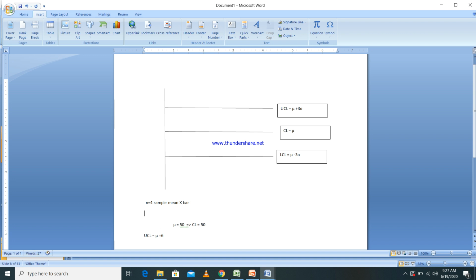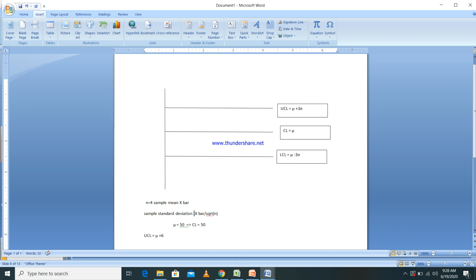Then the next question is, what is the standard deviation of the sample mean? You take sigma divided by root n, that is the square root of n. This is the equation that you have to use to calculate it.